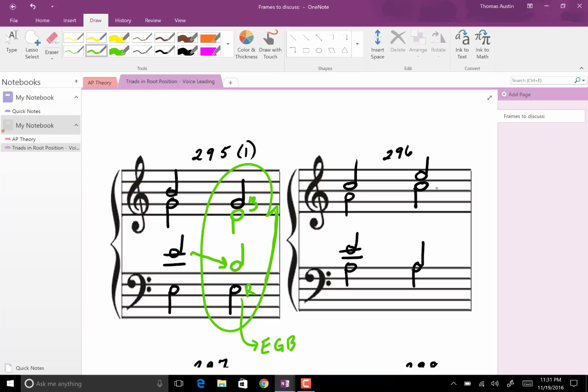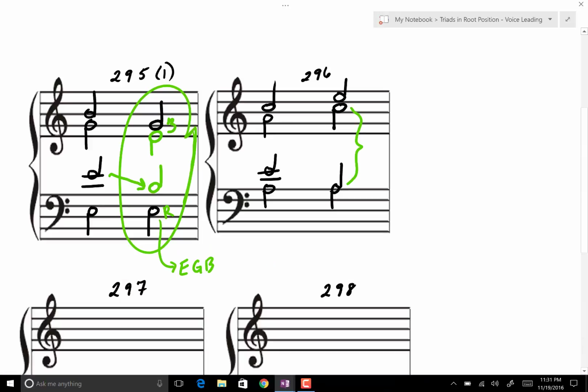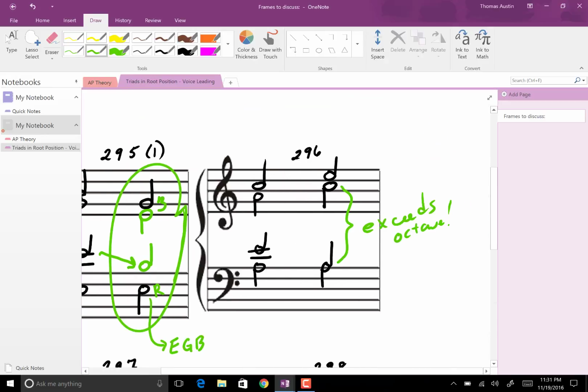And here you can see that there's a problem there because that is exceeding an octave. And that's forbidden. Which means we've got to change it.